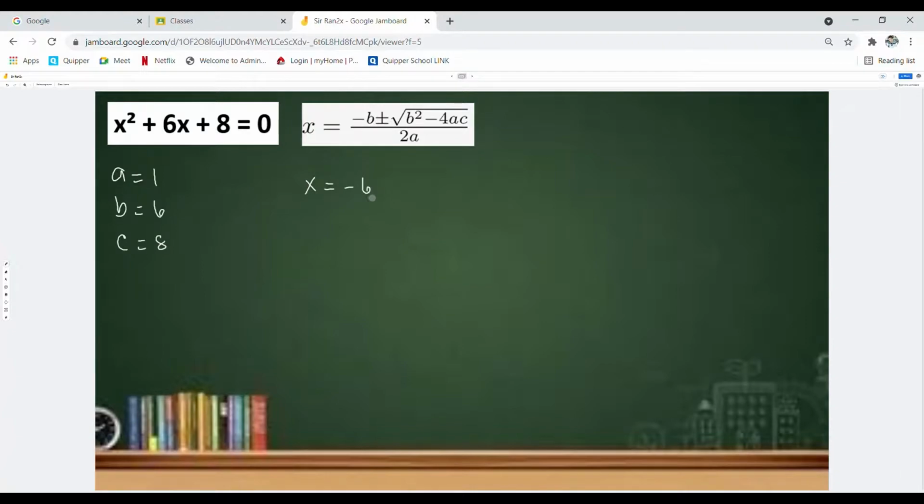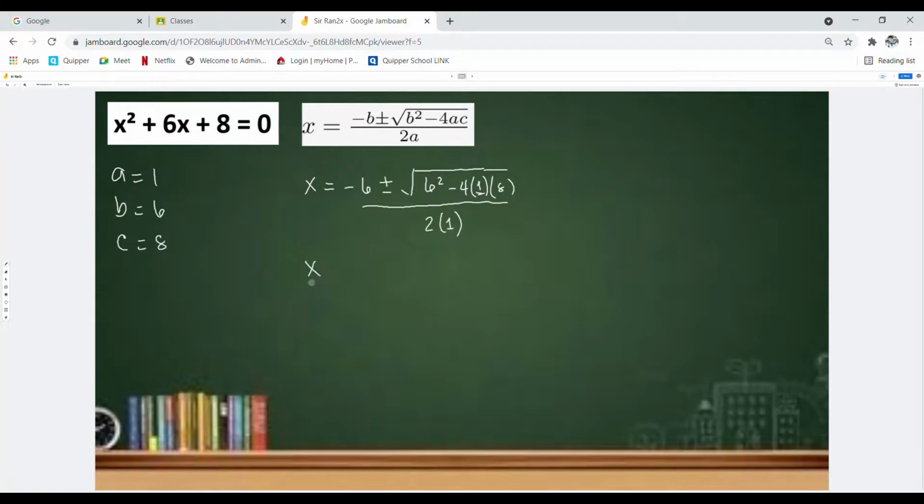So negative 6 plus minus, of course you're going to write 6 squared for the b squared minus 4 times, of course a is 1, and then your c is 8. And then you have 2 over 1. 2a is 2 times 1, since a is equal to 1.